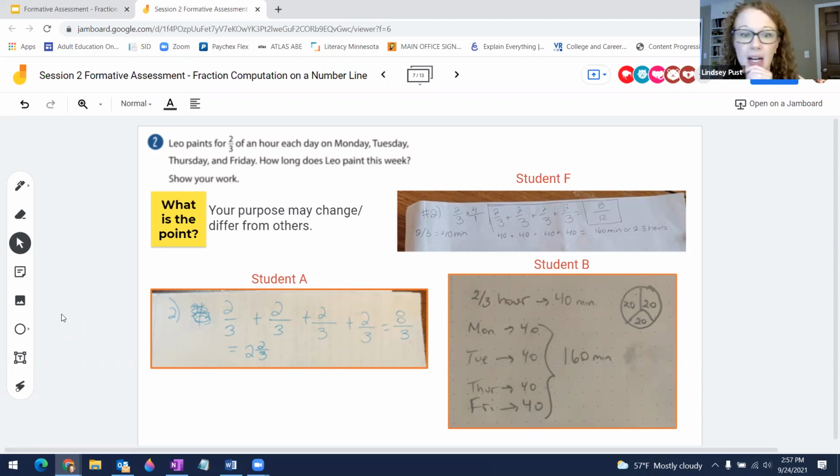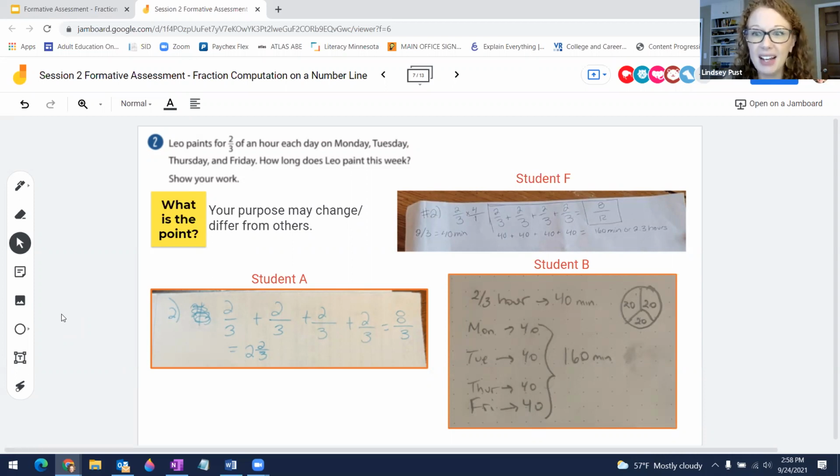And so I agree. If I was trying to make sure that my students knew how to procedurally add up fractions, then I would want to leave students with the realization or the understanding of student A. But if I was really wanting students to move from just solving the problem and using the procedure to being able to put it in context, then I might want to spend more time on student B and talking about that and having that be what my students are left with.